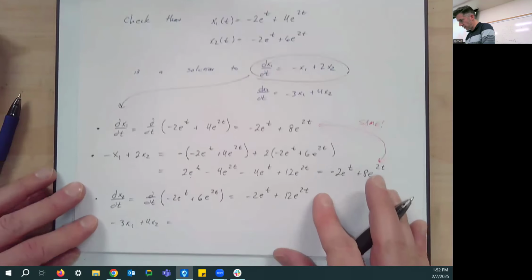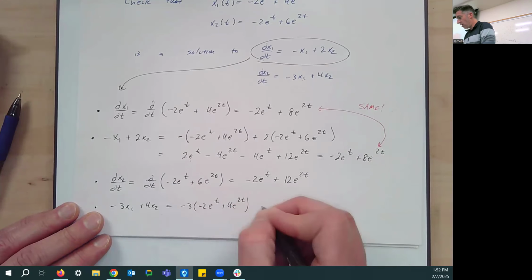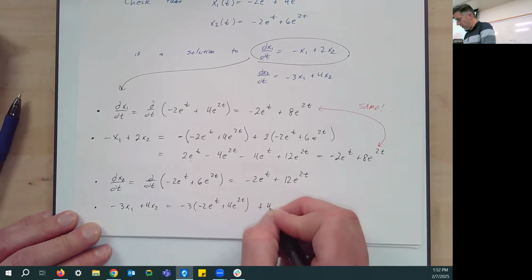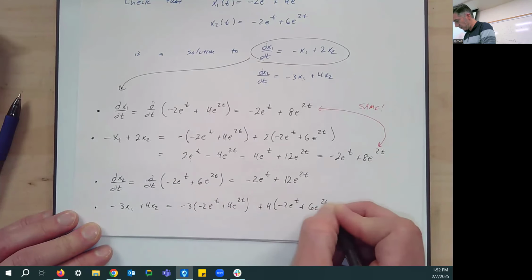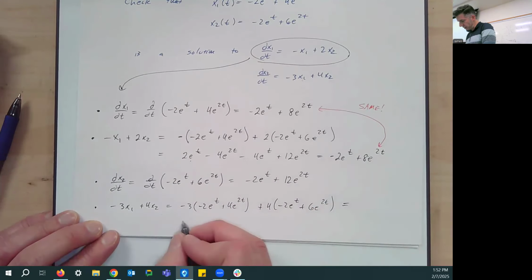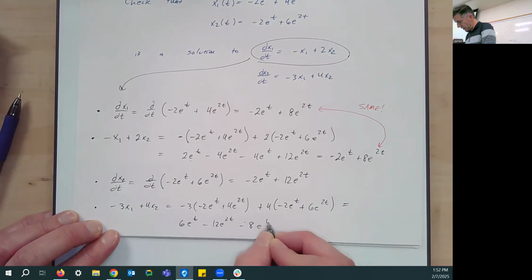Running out of room here. Negative 3 times negative 2 e to the t plus 4 e to the 2t, plus 4 times negative 2 e to the t plus 6 e to the 2t. Finally, we get 6 e to the t minus 12 e to the 2t minus 8 e to the t plus 24 e to the 2t.